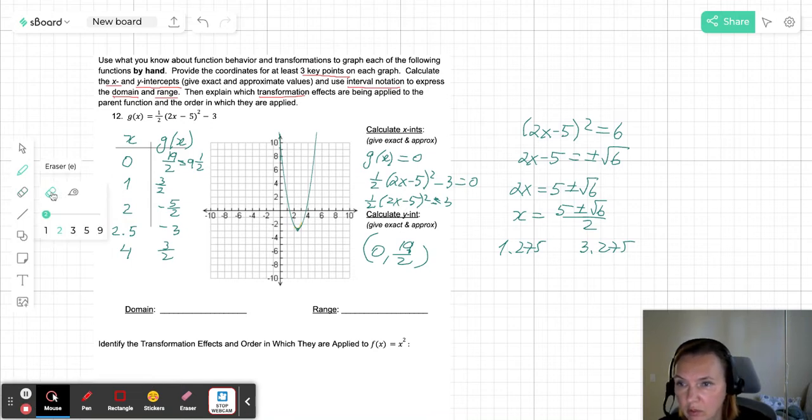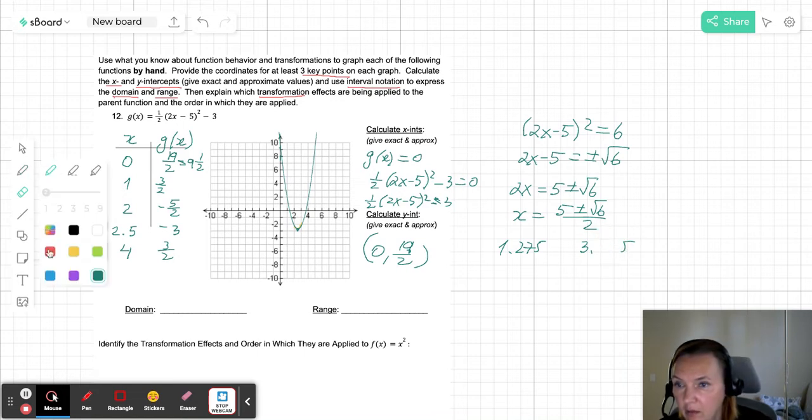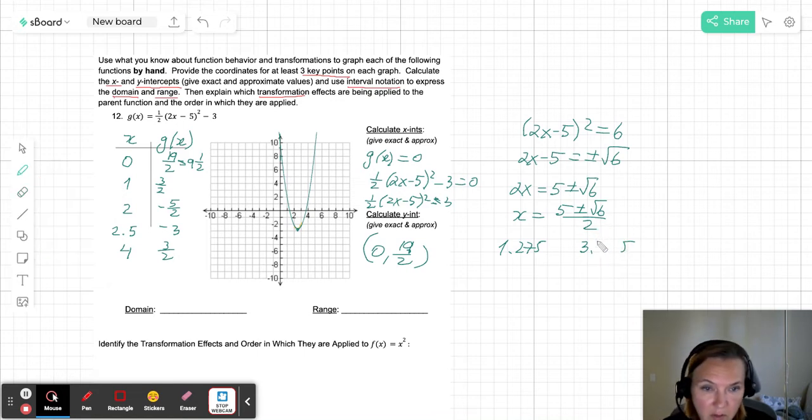Sorry, it's 3.725, not 3.275, the other way around. Okay, 3.725. All right, so those are our x-intercepts over here and over here. So to label them correctly, we would have to say (1.275, 0) and (3.725, 0). So those are our x-intercepts.